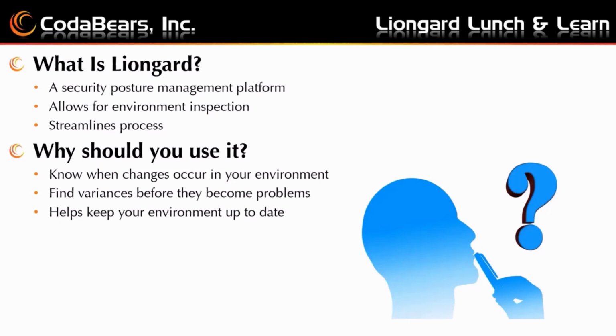It's more of a preventative measure rather than a reactive measure. So it keeps you informed of what's going on in your system at all times. That way you can make informed decisions on if something should be changed, if something shouldn't have been changed, or if something looks like it could cause a problem in the future.